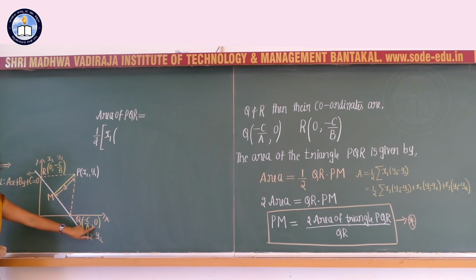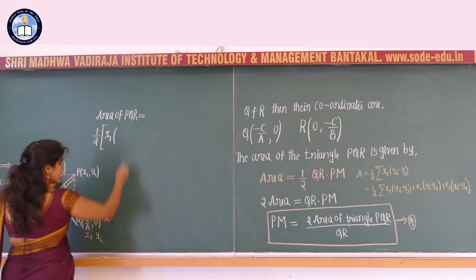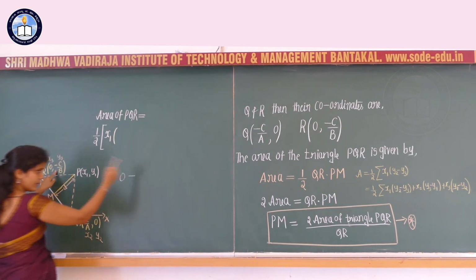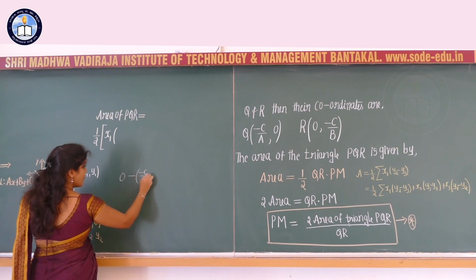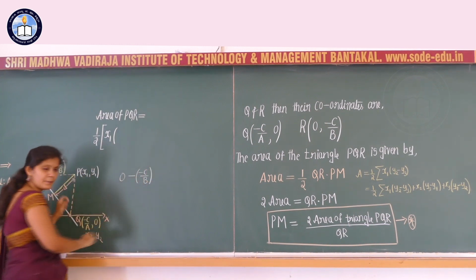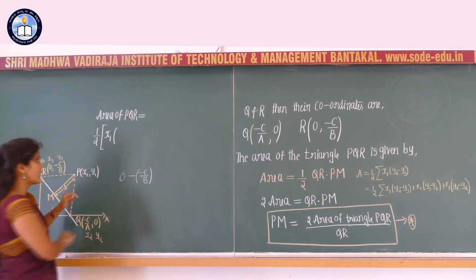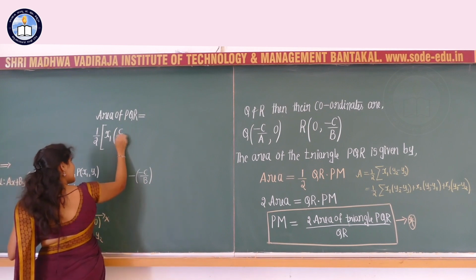Y2 we have considered as 0, 0 minus y3, that is 0 minus of y3, y3 value is equal to minus c by b, minus of minus c by b, that is nothing but plus c divided by b.